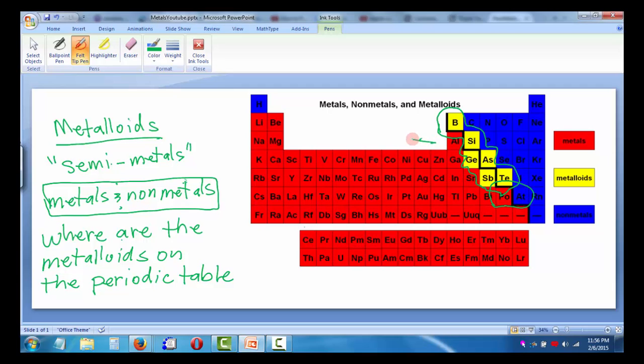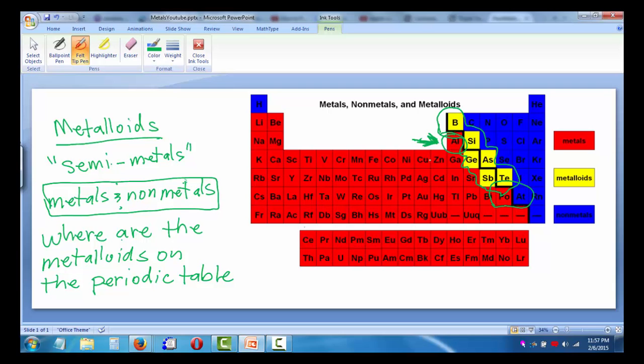And one comment: aluminum is not a metalloid. Aluminum is a metal. Okay? Aluminum is a metal.